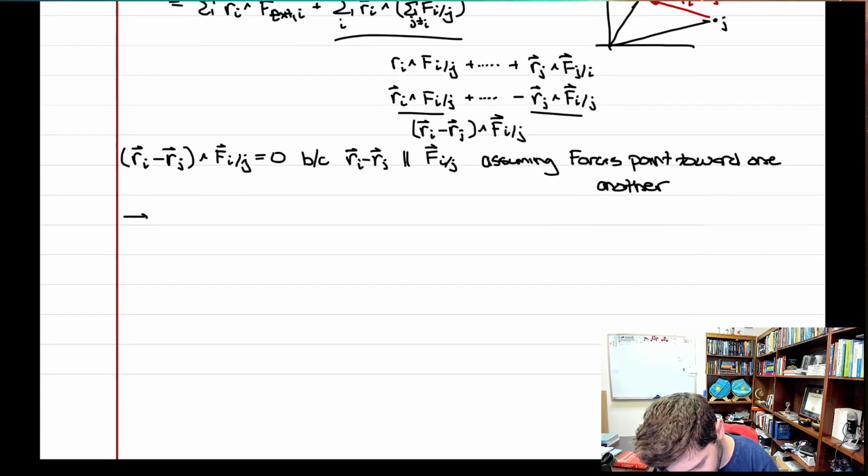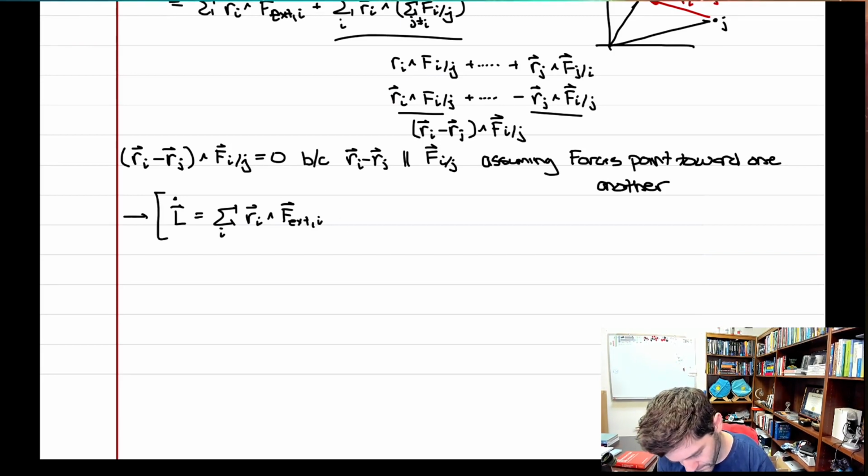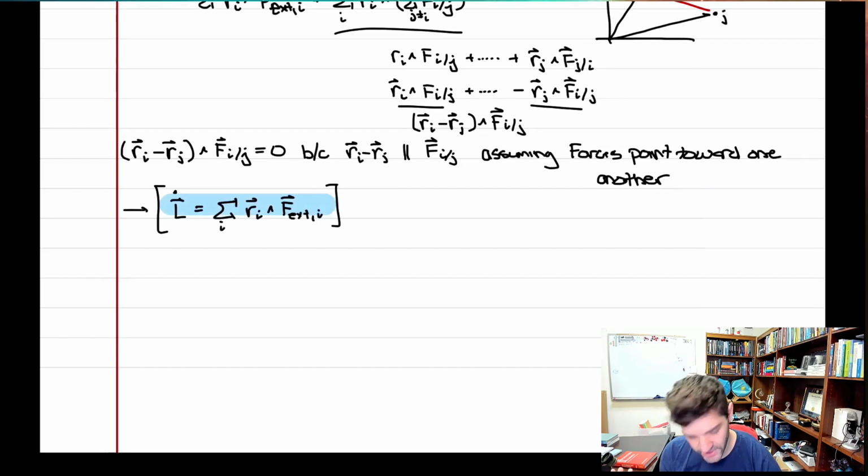So at the end of the day, the total angular momentum changes by what's left over, just the sum over I of the positions crossed with the net external forces acting on I. That is how the angular momentum of a system changes.